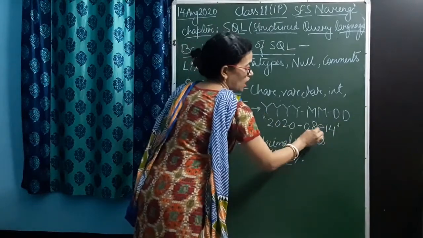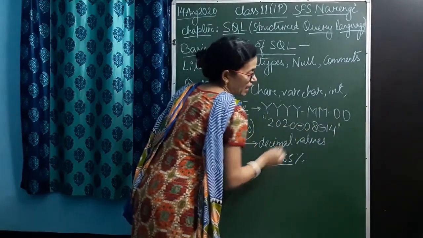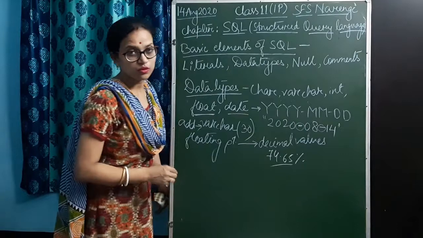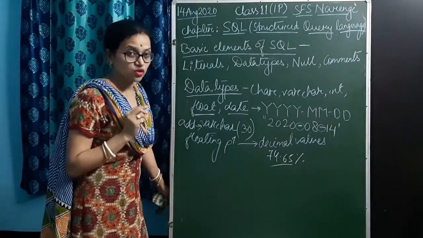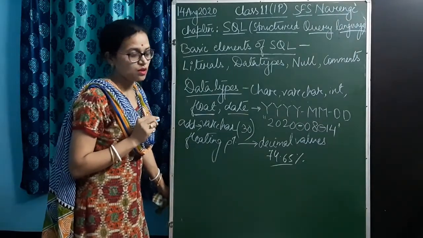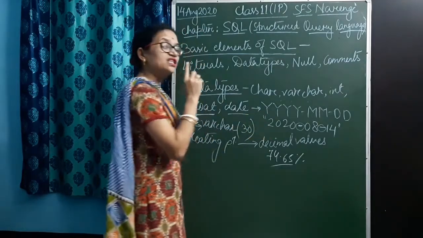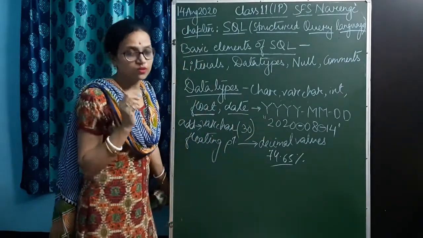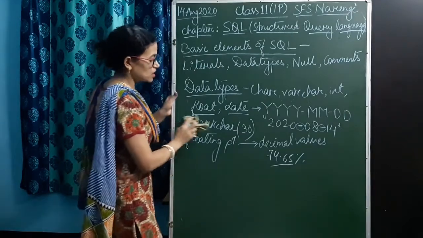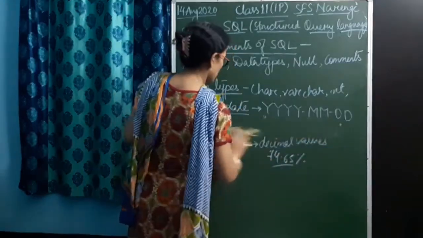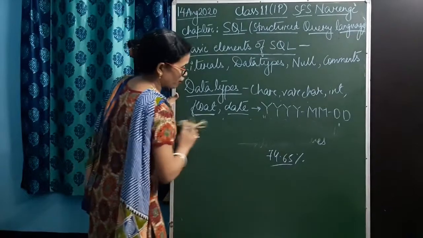Why? Because we are using some kind of special characters in between the numbers. Hyphens or slash, we are going to use that. Those are special characters. So if you use any kind of special character in between the numbers, it needs to be enclosed within quotes. Clear, dear students? Now after this, the next one, so these are the 4 data types.